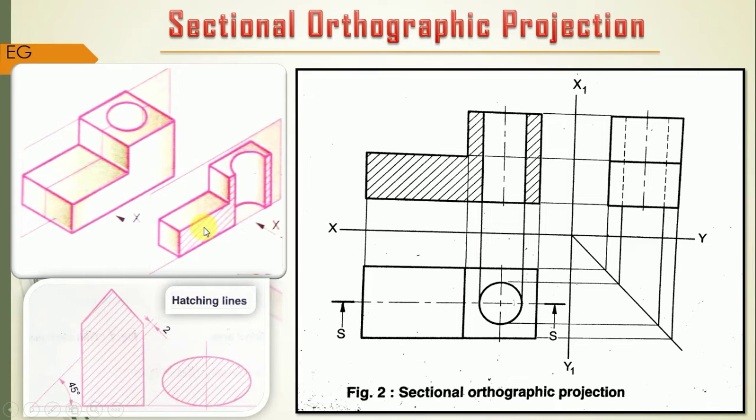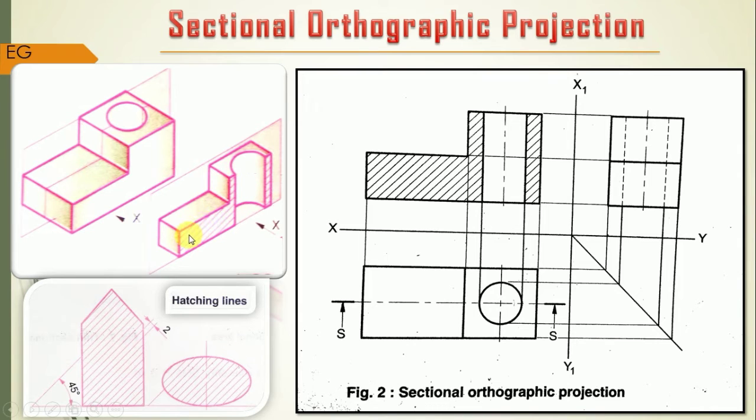Where the wood cutter touches, it touches this portion, which is the solid portion of the block, and again it touches this portion only. At the middle there is a circular hole. For this circular hole, there is no touching of the wood cutter to that area.